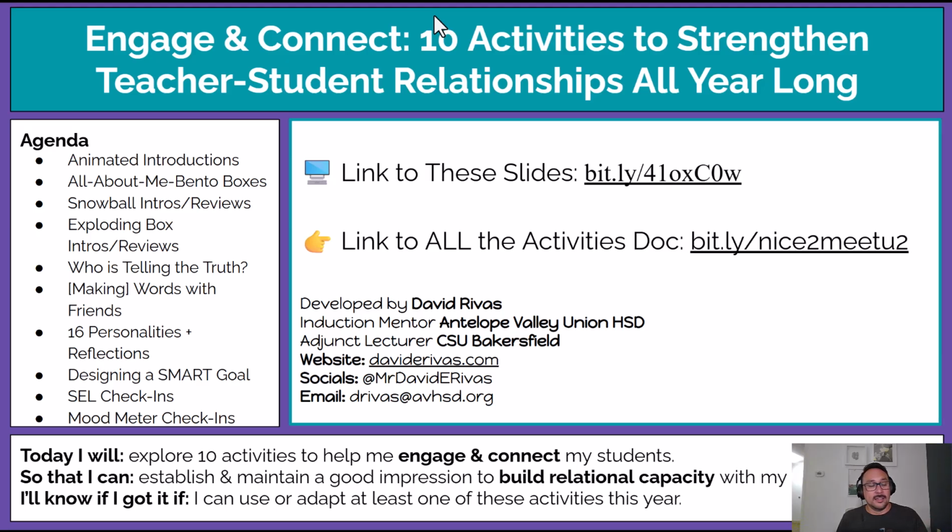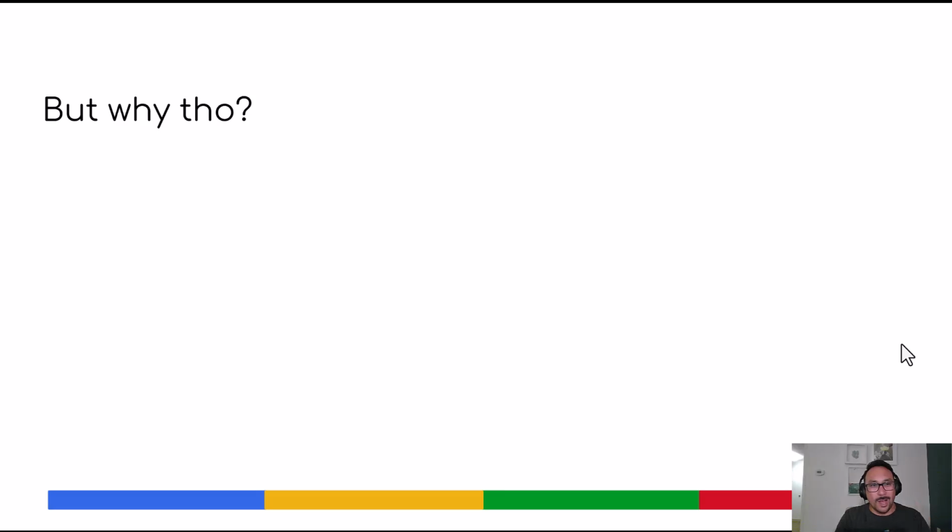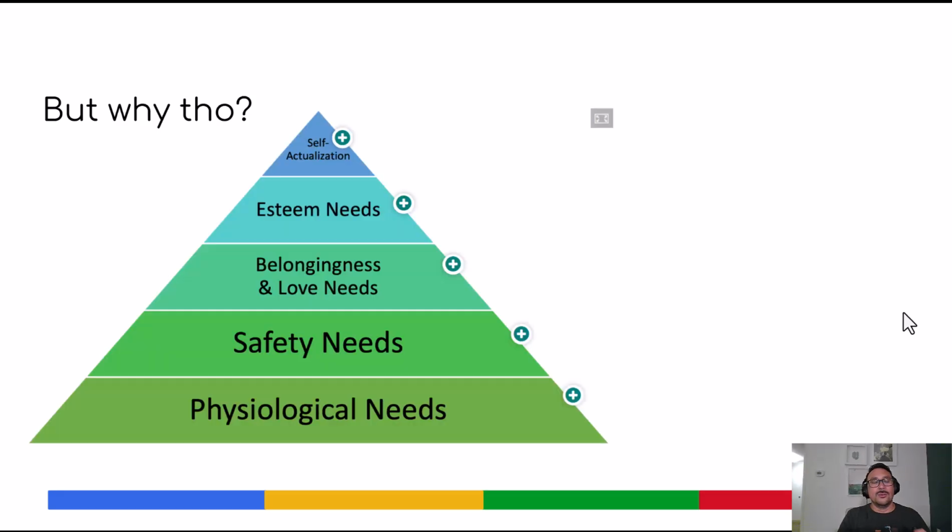Actually, before we do that, let's talk about why. Why is this important? In order to have students think critically and have higher order thinking activities, something needs to happen first. Students need to have their basic needs met.